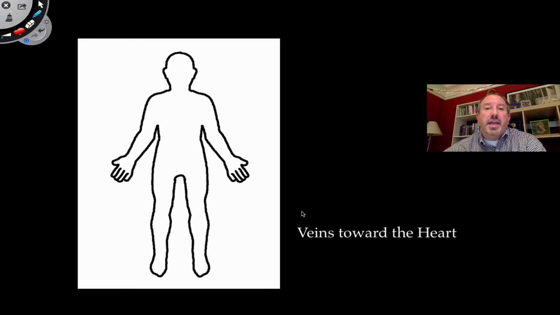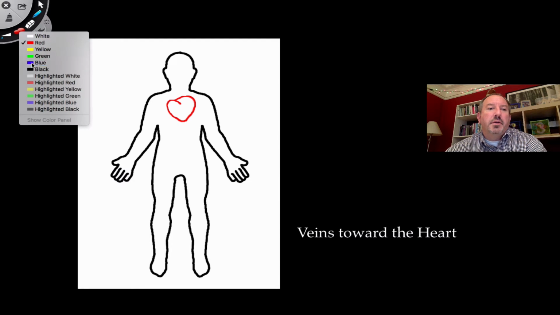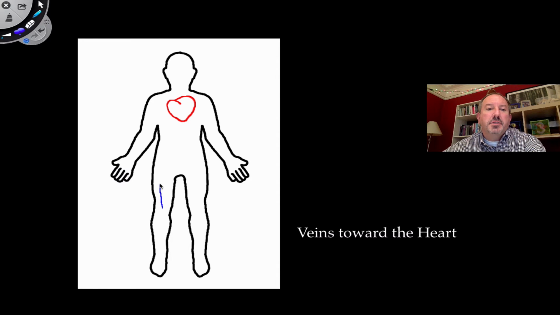Like, for example, vein. A vein is a vessel that carries blood toward the heart. And so if I would just get kind of silly, and I'll put the heart in like this. And so it's carrying blood toward the heart. You may be familiar with the fact that when the blood travels from the legs or the rest of the body and it's traveling up toward the heart right here, it's traveling in a vein because it's traveling toward the heart.